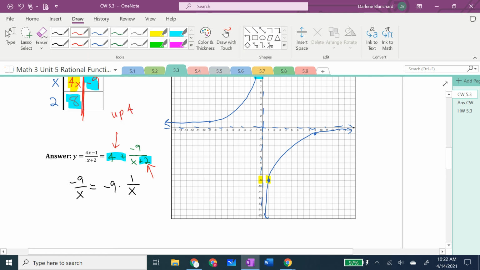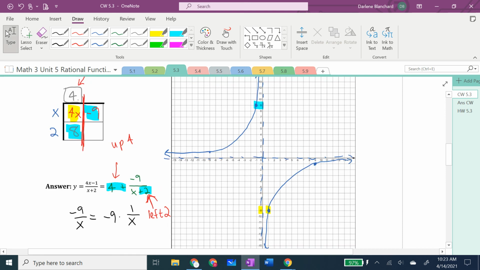Up 4 units. This plus 2 is telling us we're going to move it... Is everyone still with me? What's that plus 2 going to tell me to move? Good. Excellent. Yes, left 2.